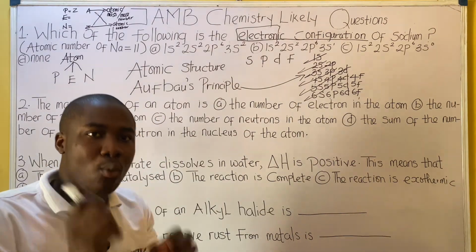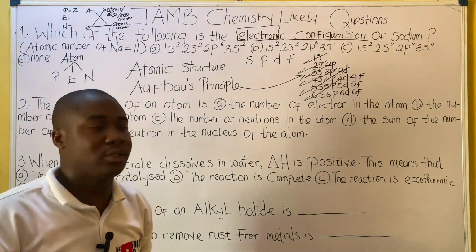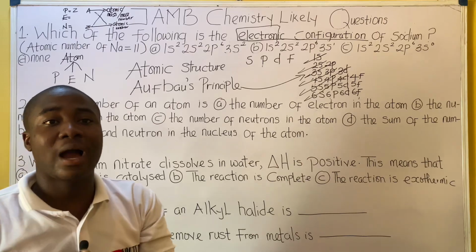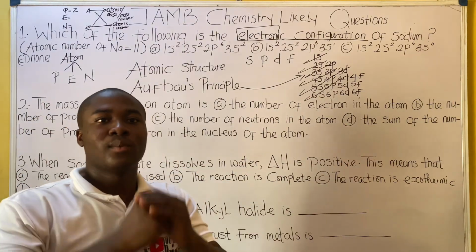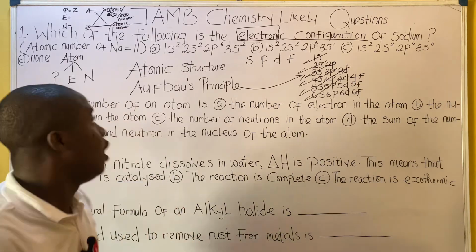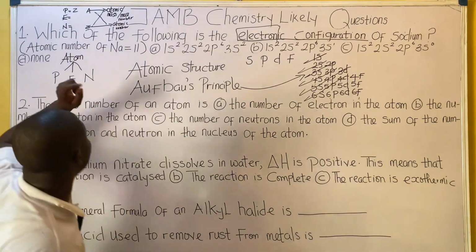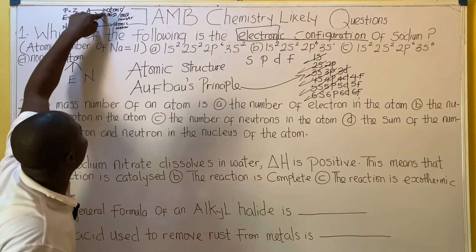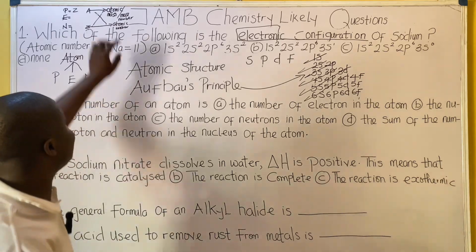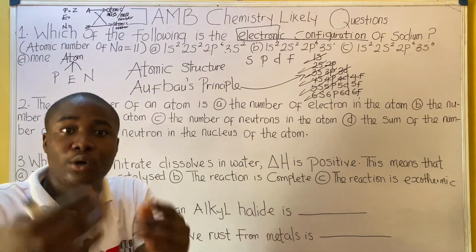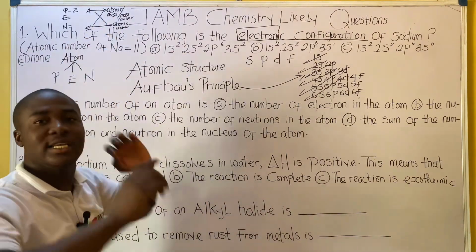Whereby for electron number, to determine that is also very important. Now, atoms can be of 2 types. We have atoms that are neutral and atoms that are charged. For this, it is neutral. There is no sign. If there were to be a sign up here, there will be either plus or minus. But now, this does not have any sign. I did not tell you that this has any charge. So, automatically, this atom is neutral.